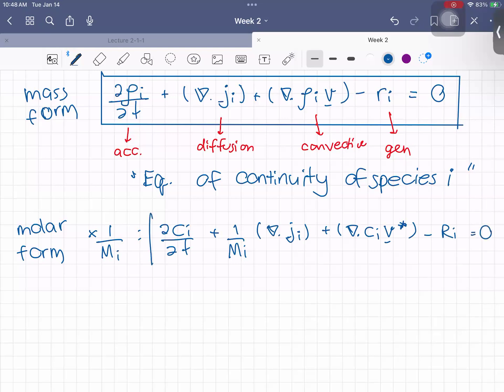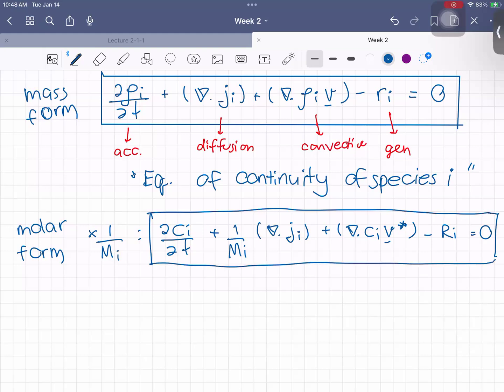Now I change the velocity into v star to show that the one in mass form and the one in molar form are different. Same thing with the generation term: for the mass form I use small r, and for molar form I use big R. Okay.